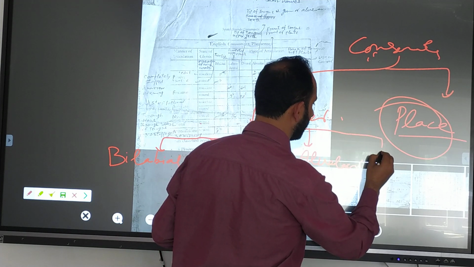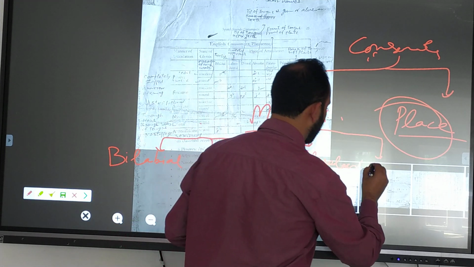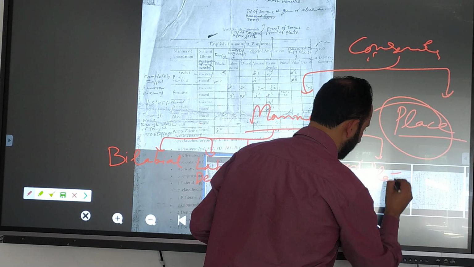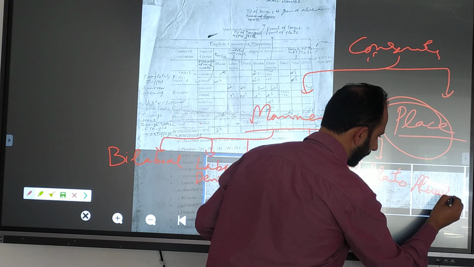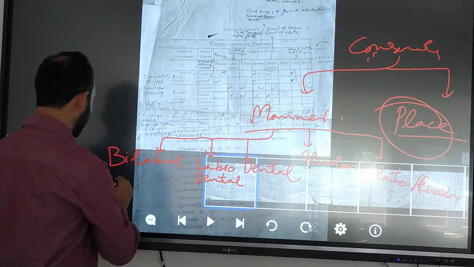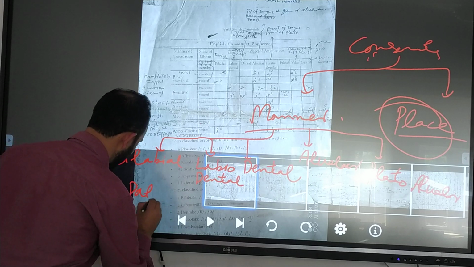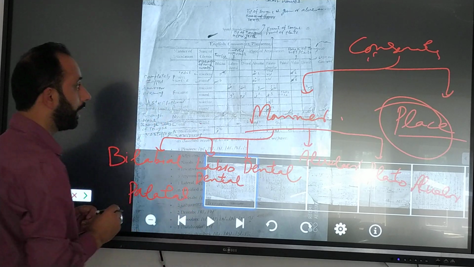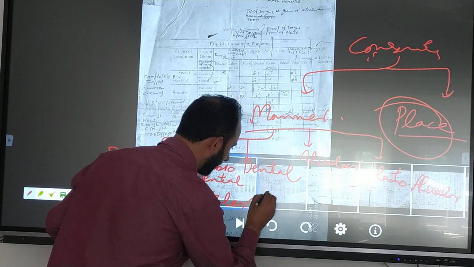Number fifth, palato-alveolar. And also I will write down here palatal, and another is velar, and another is glottal.